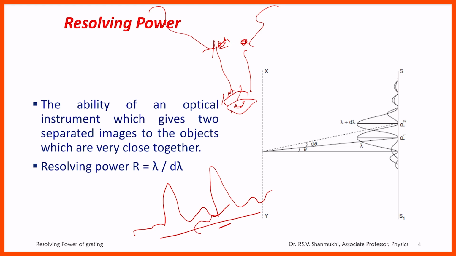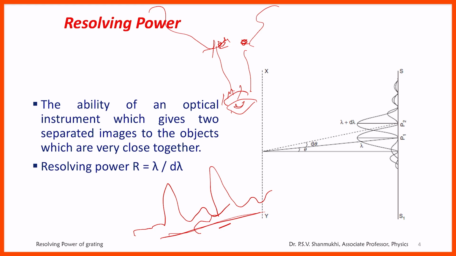Our eye cannot identify that there are two objects. In such a case, we take external aids like specs. We wear the specs. If these two diffraction patterns are separated, since the eye is also an optical instrument, automatically we can observe those two objects as separated objects, otherwise we can't.